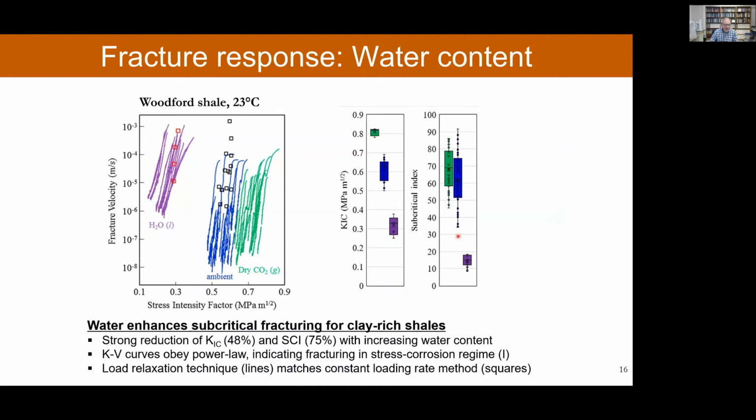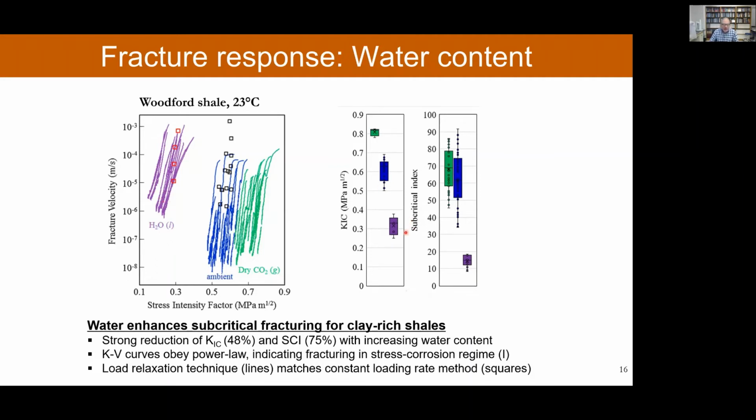So this is again the same plot that I showed in the schematic before. That's stress intensity factor versus velocity. Those are the linear segments in that response curve I showed before. And you see that they plot differently if it is dry CO2 gas versus ambient air versus water. So having dry versus water saturated samples makes a big difference in general.